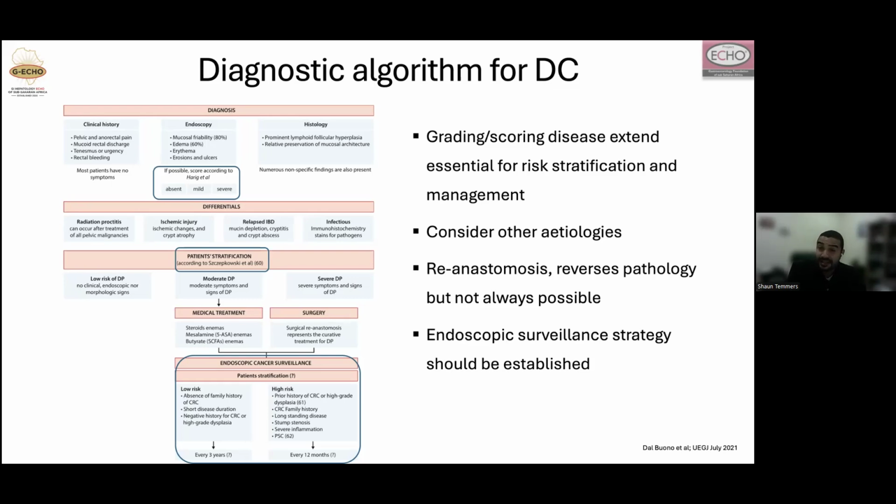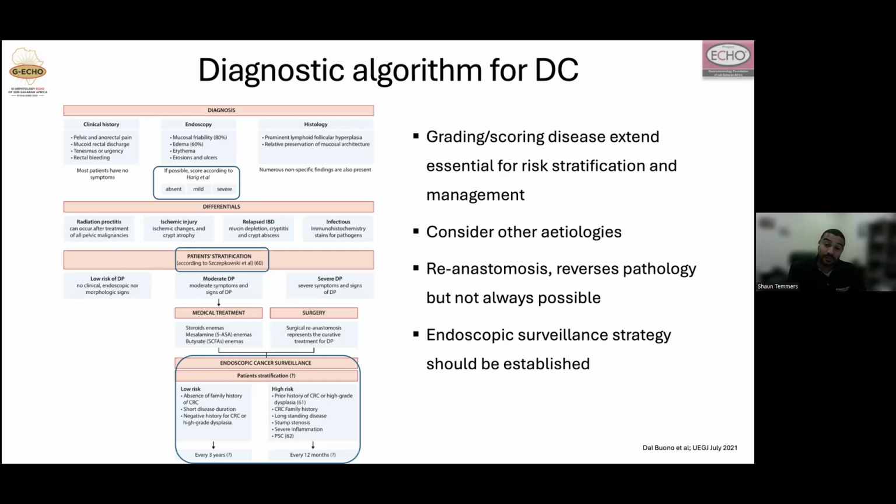You should consider other etiologies in these patients prior to labeling them as diversion colitis. Where possible, reanastomosis should be pursued because the pathology reverses. However, you need to find a keen surgeon who is willing to assist you in the care of these patients.